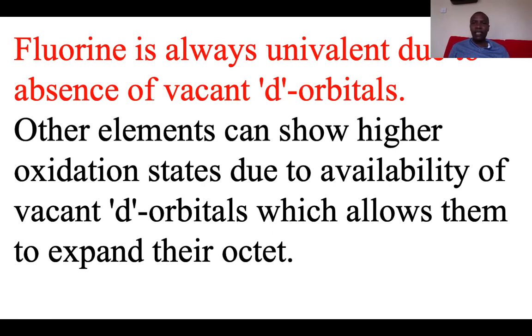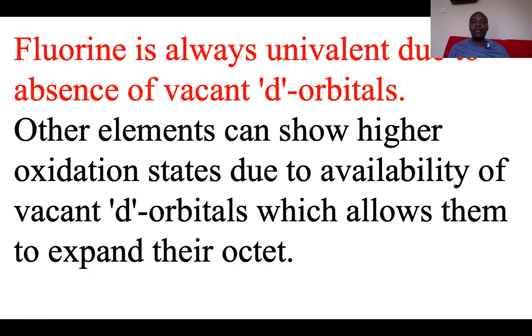So it doesn't have any d orbitals, but all other elements of this group 7 have empty d orbitals. Those orbitals have a very big role in accommodating many other substances, which fluorine cannot do.